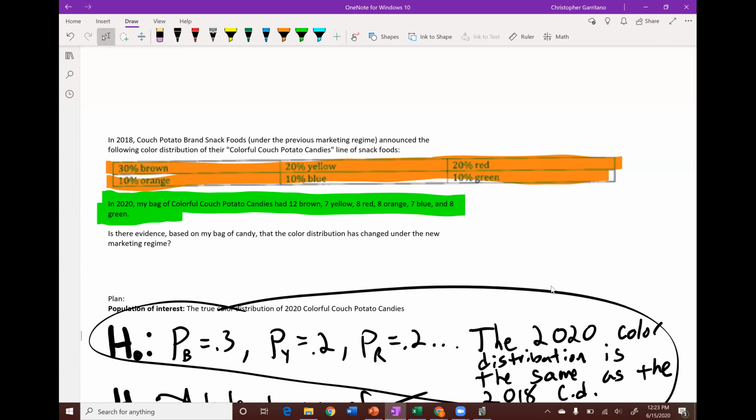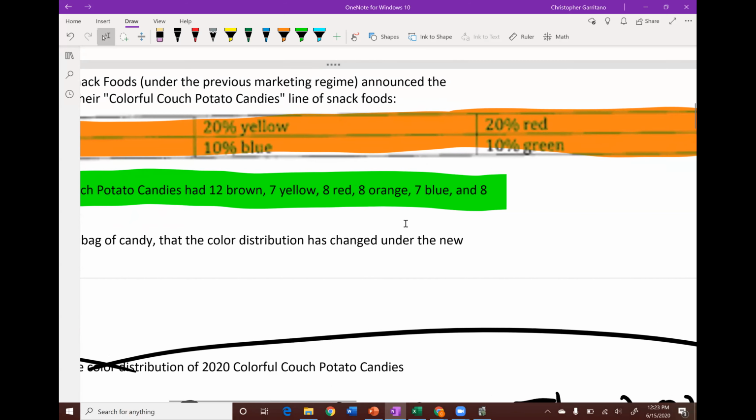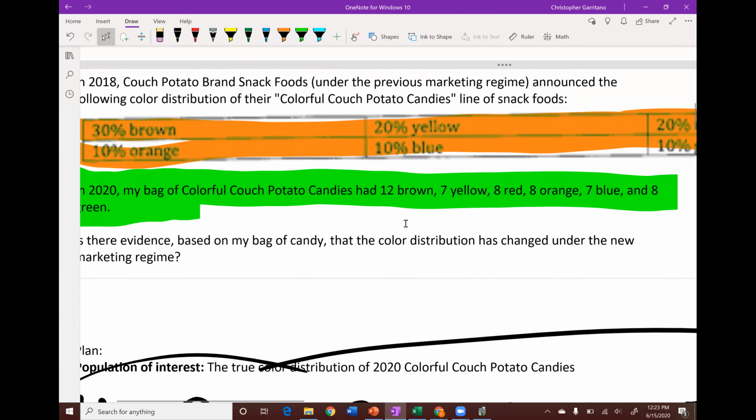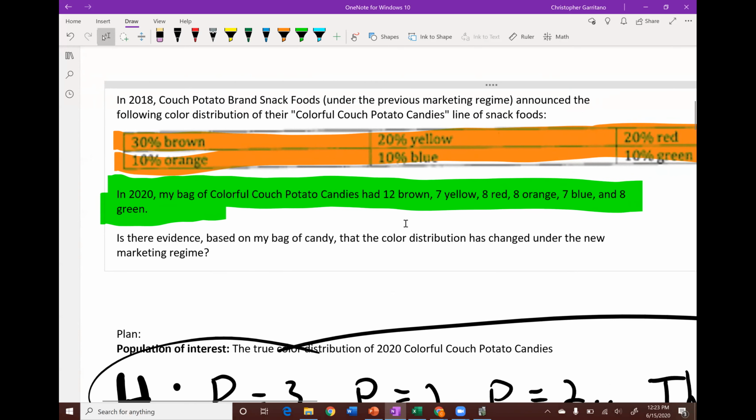We also want something called counted data. So the observed data you should be able to either read it as counts, or you should be able to convert it into counts. So here we were just given straight up counts, but you might be given proportions of your sample, but you need to somehow be able to convert it into counts.